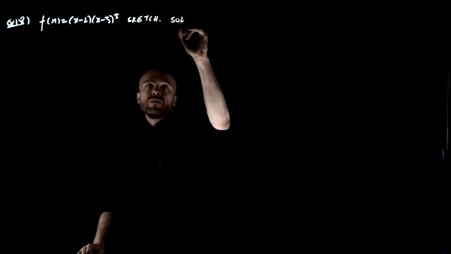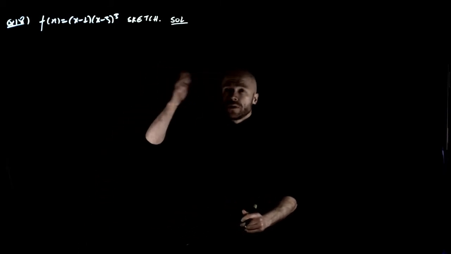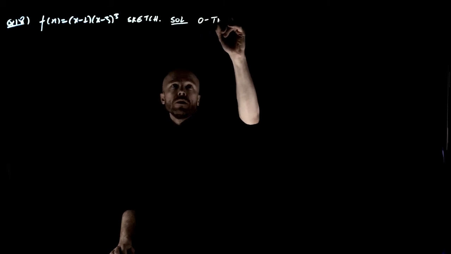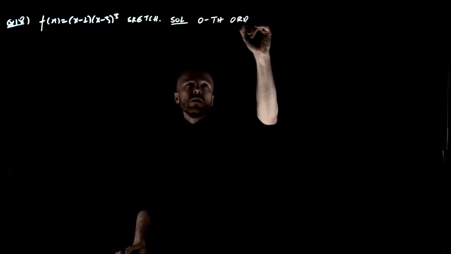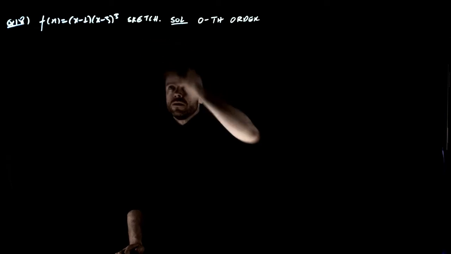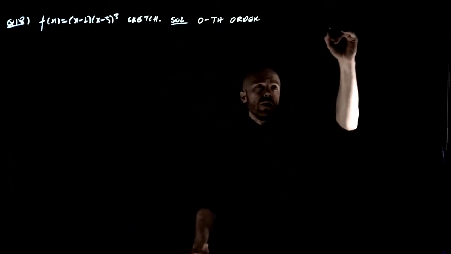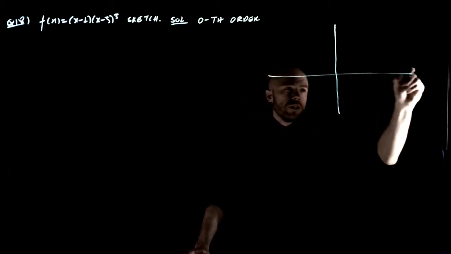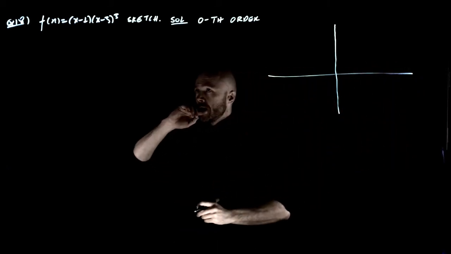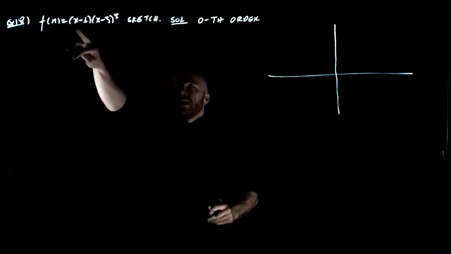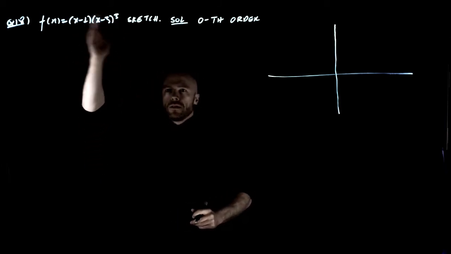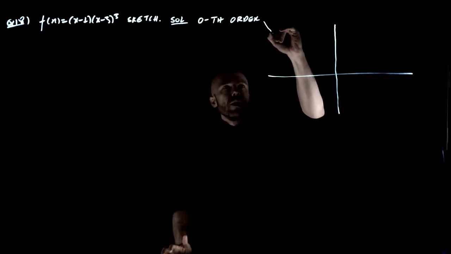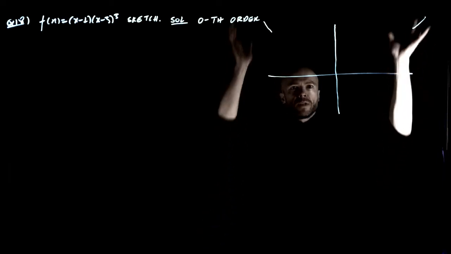Okay, solution. As always, we're going to start with 0th order information, so information that we can get without actually having to take the derivative. Let's block in some rough 0th order features. We know for very large x, this is like x to the 4, because the numbers -1 and -3 don't matter for huge x. So way out here it's positive, climbing like this.